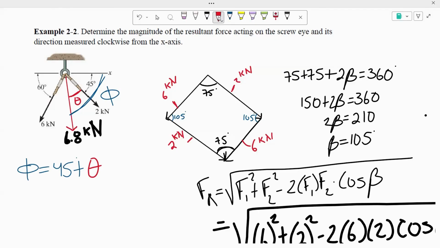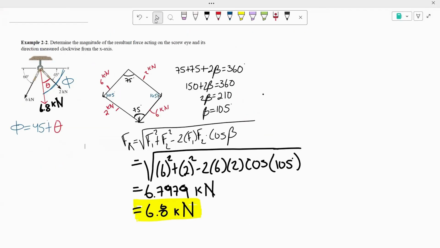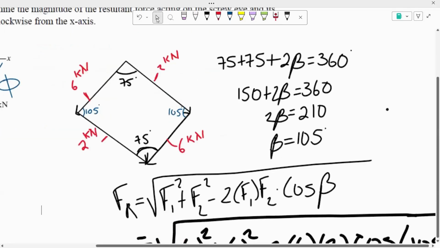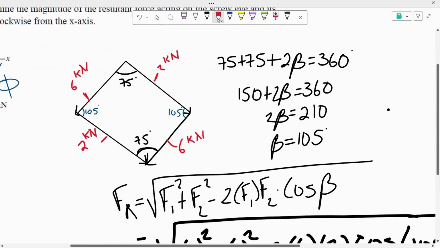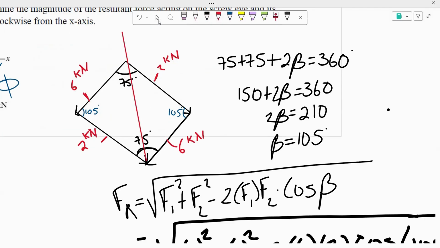Okay, so how do we find theta? To find theta, we're going to use this parallelogram that we drew earlier. Here we know that our resultant force is right in the middle of our two forces, like so, right?